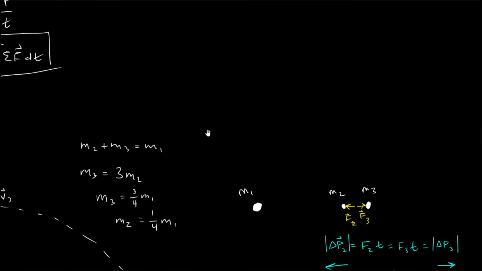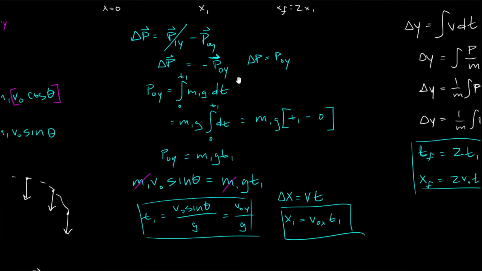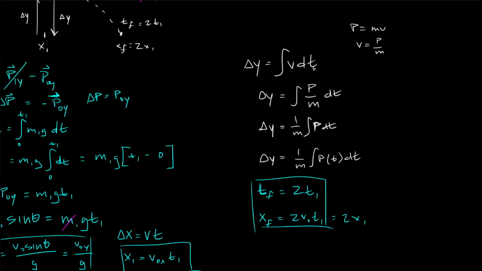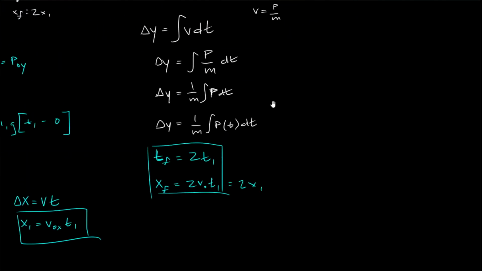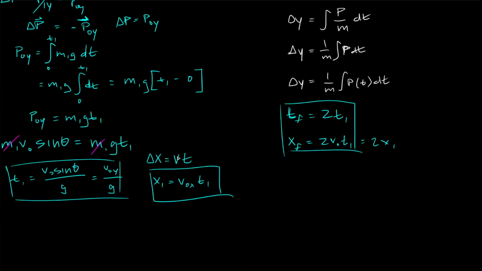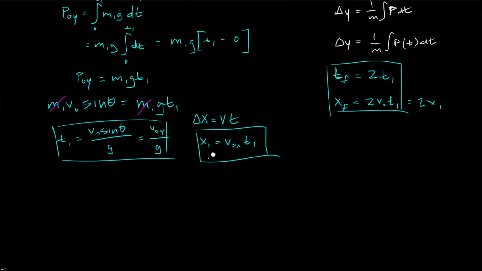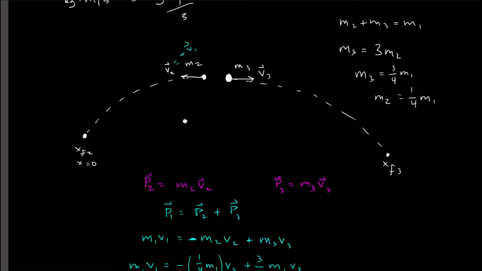Now we can come back up here and use this same logic down over here to determine that in order for m2 to have the same vertical displacement and horizontal displacement, it must fall in the same amount of time from here and then have the same horizontal velocity from here, which tells us that v2 is equal to v1, but in the opposite direction, or the magnitude of v2 is equal to the magnitude of v1.